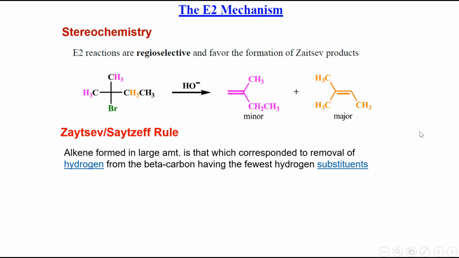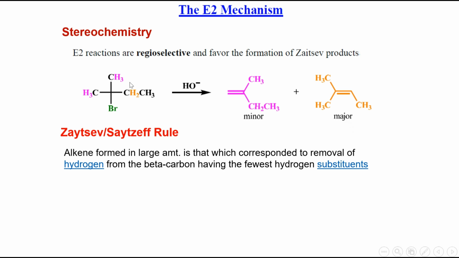The alkene formed in the major amount is that alkene corresponding to the removal of hydrogen from that beta carbon which has the lowest number of hydrogen substituents.